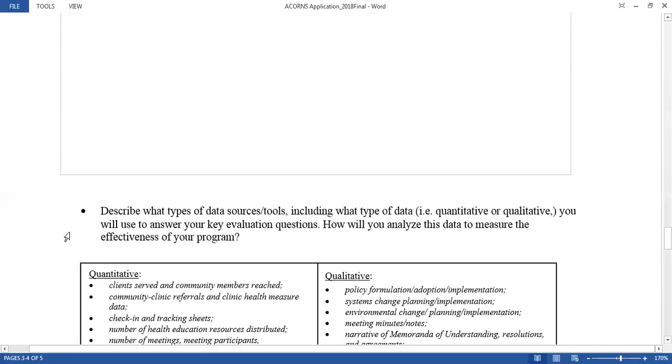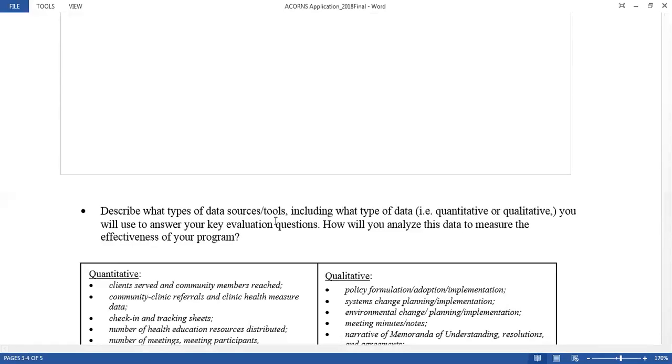So in this section, you will describe what are those data sources and tools. For example, surveys or federal data or tribal data or evaluations or comment cards or meeting notes and sign-in sheets or photos. Those are all types of data.